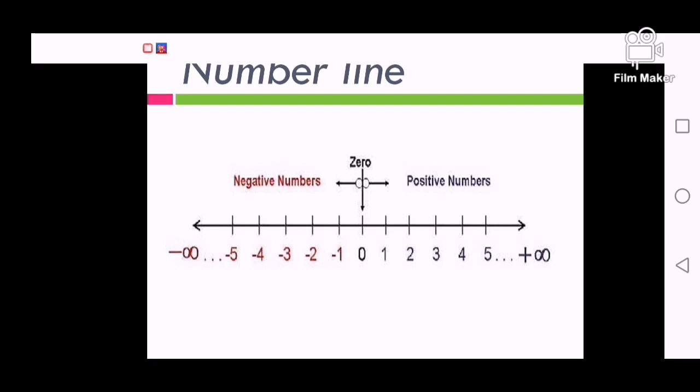The figure is an illustration of a number line. May 0 sa gitna, puro positive numbers sa kanan, and puro negative numbers sa kaliwa, and it goes infinitely.